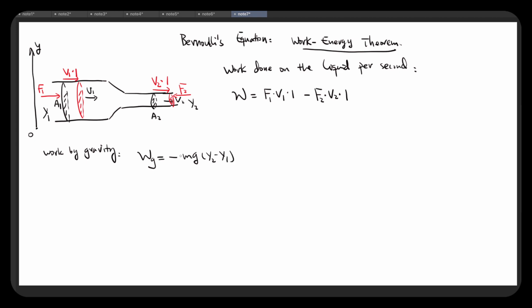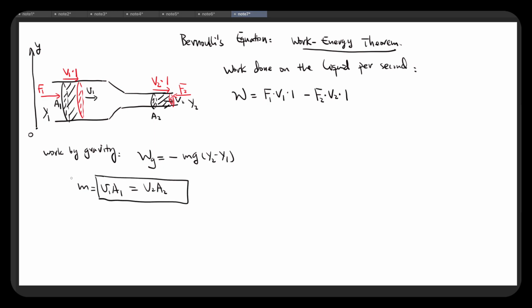Now m here, what's m? m is the amount of mass that is being pushed, that changes its height from y1 to y2. So m here is v1 times A1 or v2 times A2, times the density. And according to the equation of continuity, we know these two are equal.